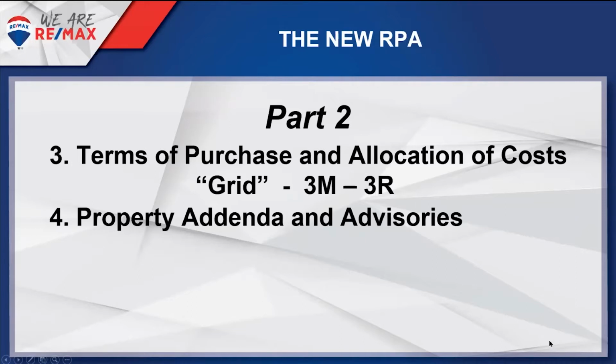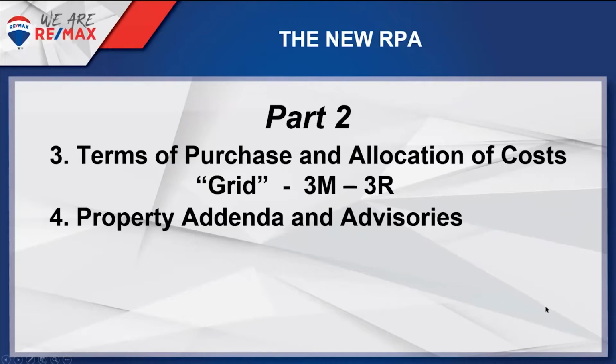We talked about paragraph 4, property addenda and advisories. We talked about how you can make the RPA apply to various purchases by using specific new addenda, and therefore they eliminated some of the purchase agreements from before. They're going to be gone in 2 weeks.